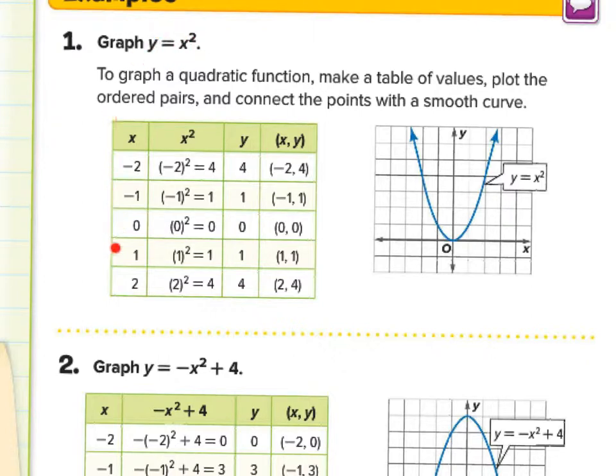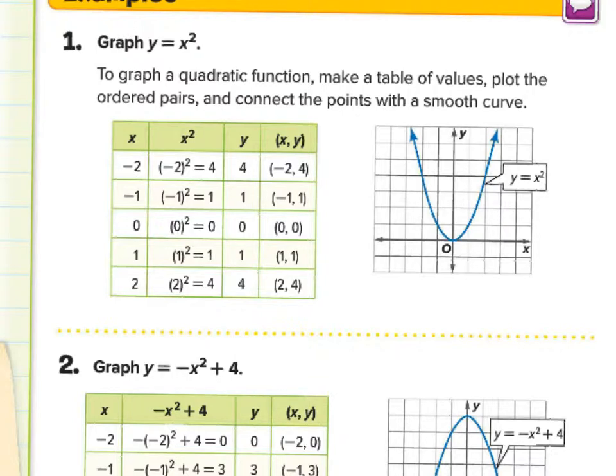So we need an input, and we get our output when we implement the rule. So we choose -2, -1, 0, 1, and 2. We replace our x, and we solve, and we get our y, and then we get our ordered pairs. And when we graph it, we'll get a nice, smooth, upward opening curve, as you can see here.